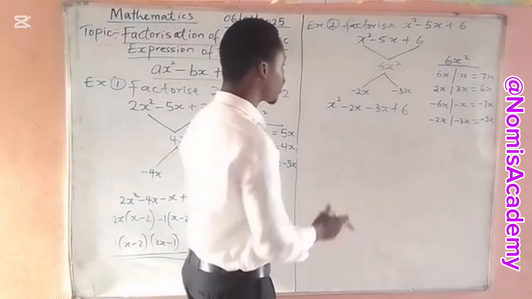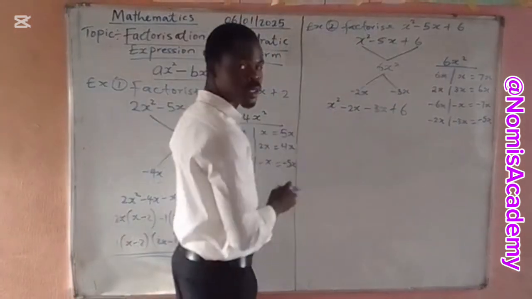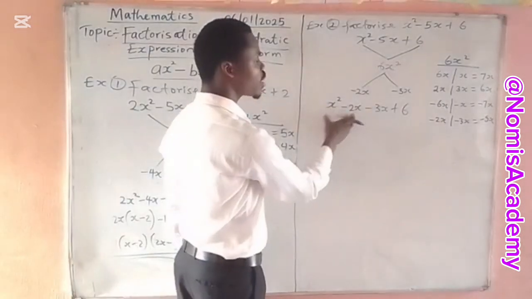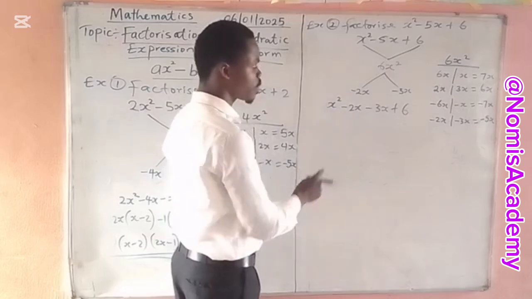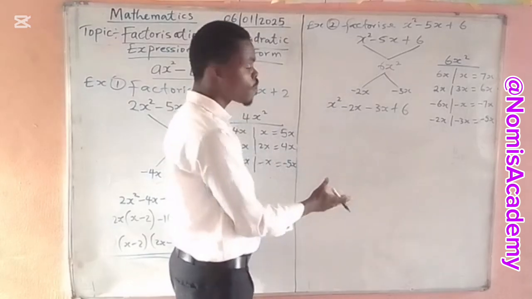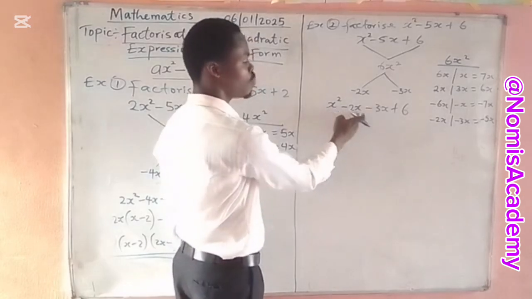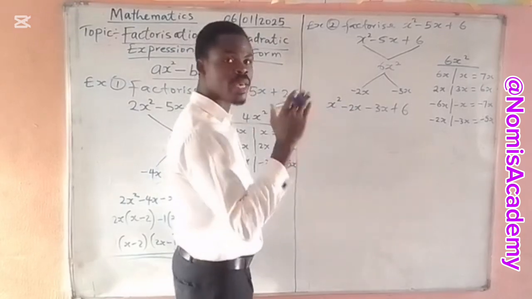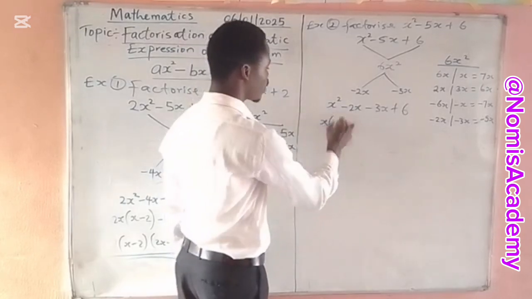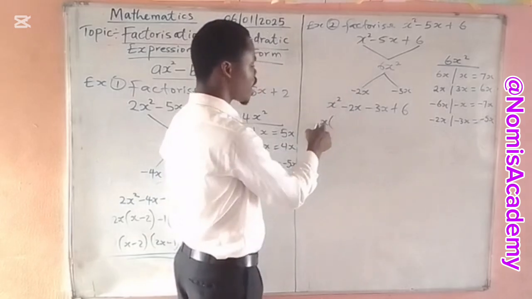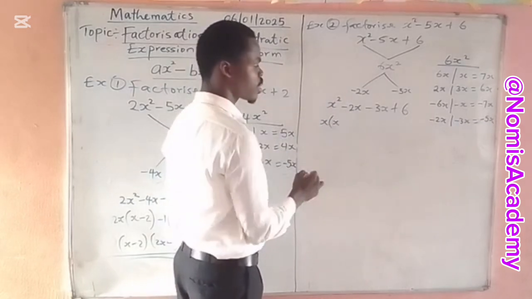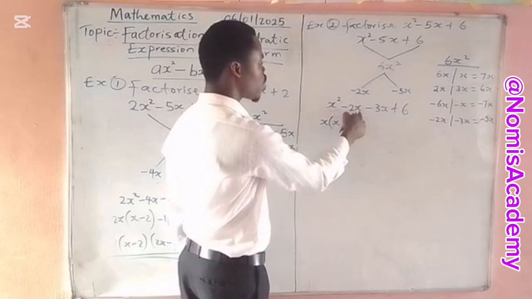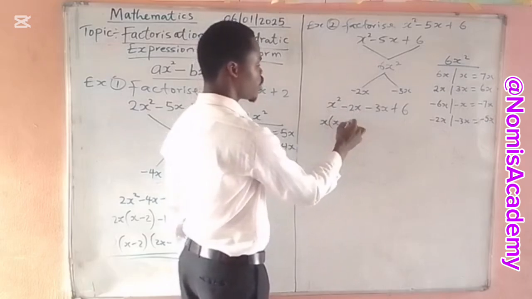Now I'm going to pick the first two terms and look for what is common between the two terms. Now you agree with me that x is common between these two terms. So I'm going to divide the two of them by x. If I divide x squared by x, I'll get x. If I divide minus 2x by x, I'll get minus 2.